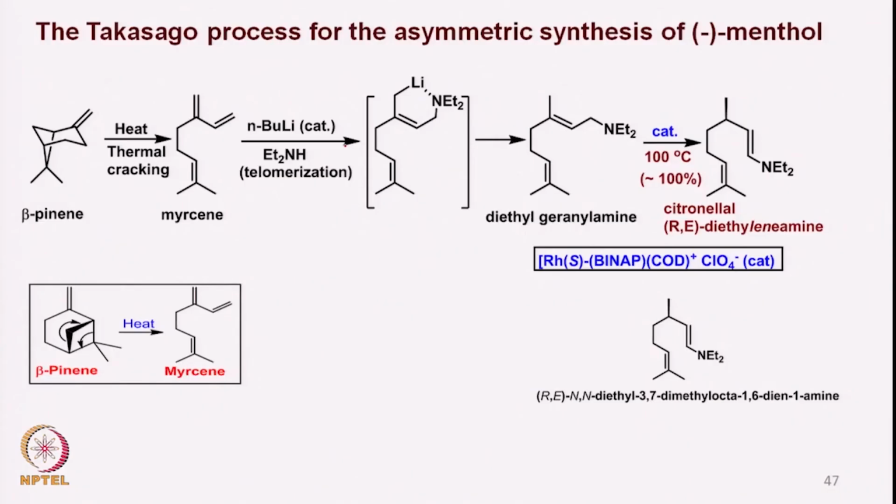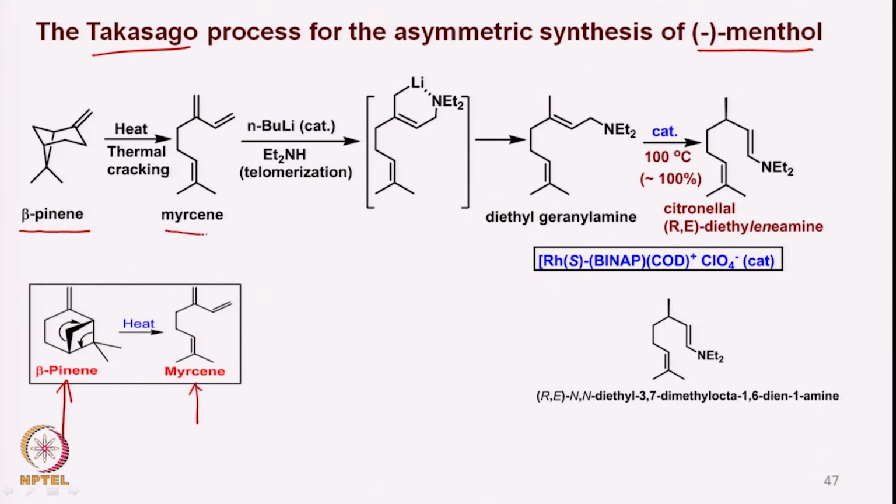Now this has been utilized in the synthesis of menthol by a company called Takasago, who basically have used the process developed by Noyori. So in that process we start with beta pinene, which of course can be written in this way also, and if we do the thermal cracking the way I have shown here with the arrow, it breaks and it forms myrcene.